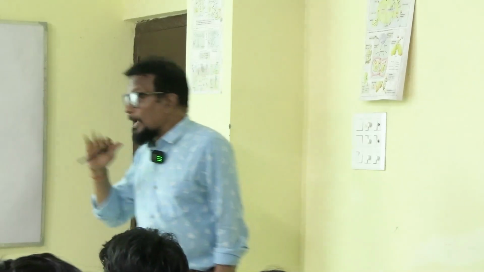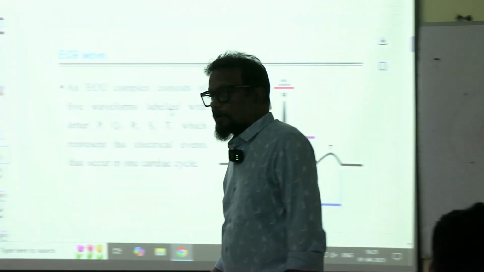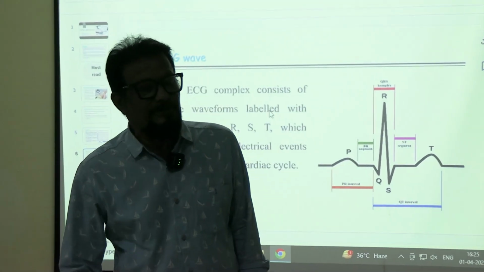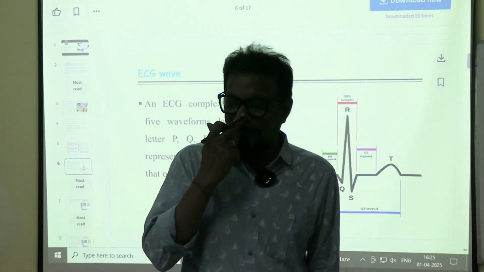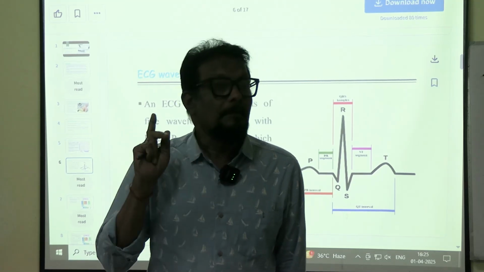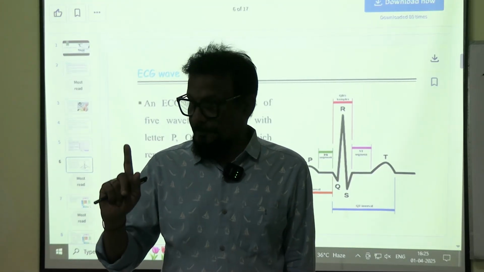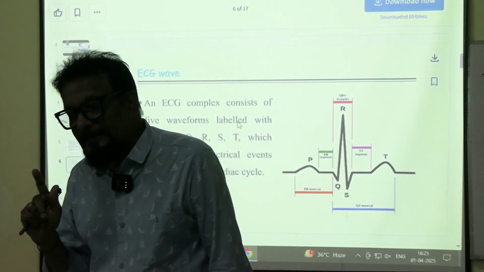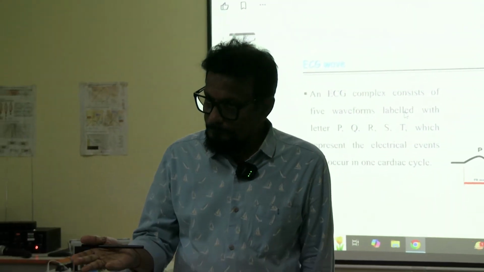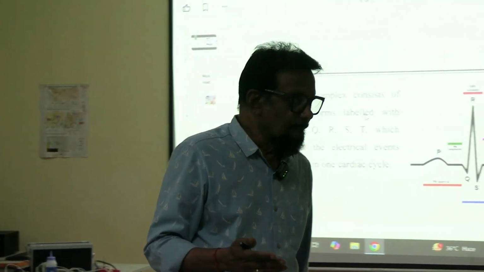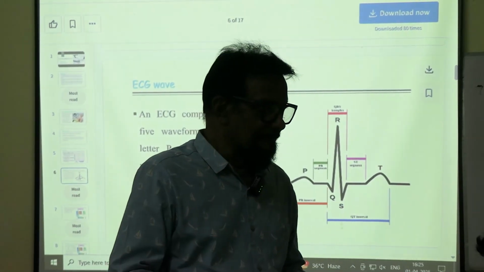Okay, now another two terms you are not to confuse: electrocardiogram and electrocardiograph. Now, I know you are confused. If I ask, what is electrocardiograph? One said this is the graph produced after taking the values, and the gram is the machine.